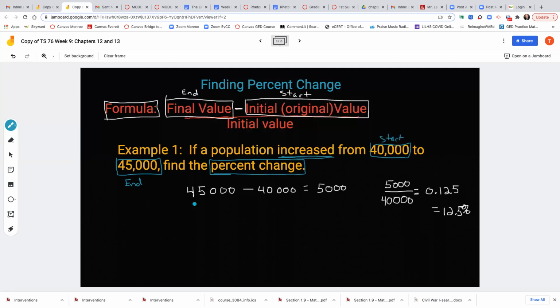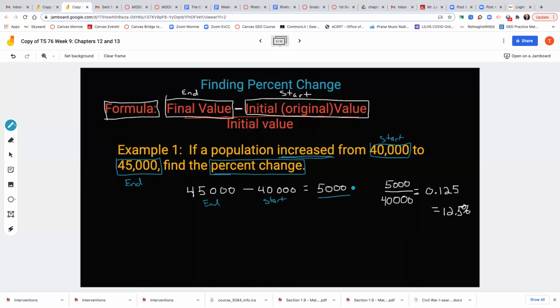So I take my final value, which is 45,000, and I subtract my initial value, my start value, which is this one here. It gives me 5,000. Now, my formula says to take that number that we got doing final minus initial, and divide it by the initial, okay?